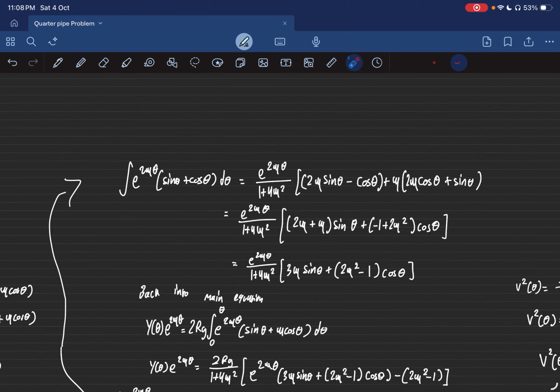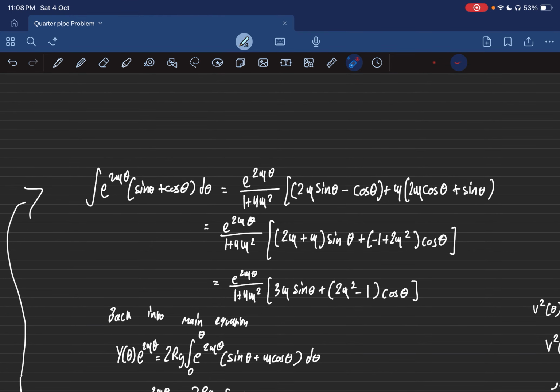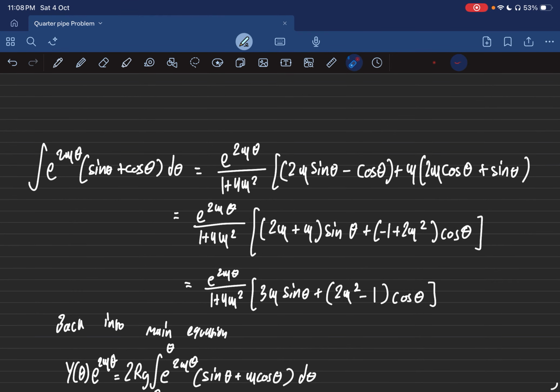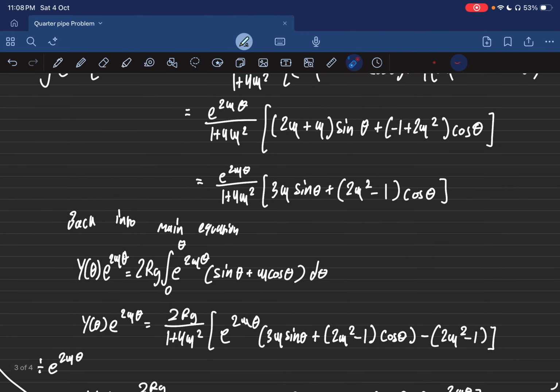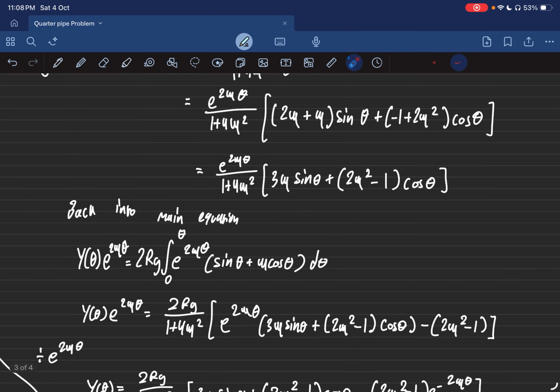Okay, we're back. Sub in those general results. That's our integral. Evaluate it, do some manipulation. We end up with this cute little thing over here. Back to our main equation. We just integrated that. Sub in the result that we got times 2 RG, of course.